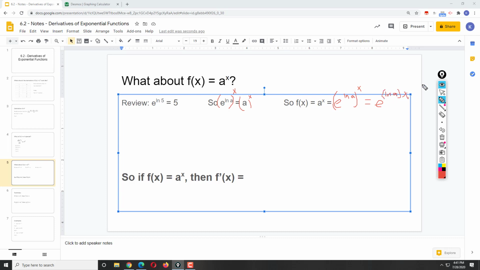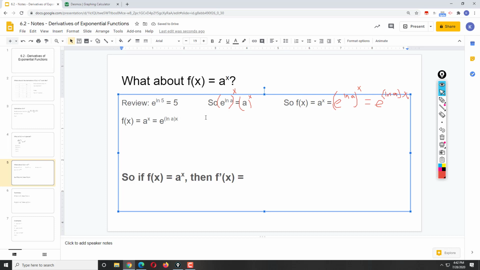Same thing. An exponent to an exponent, you just multiply the exponents. So we know that a to the x is equal to e to the ln a times x.